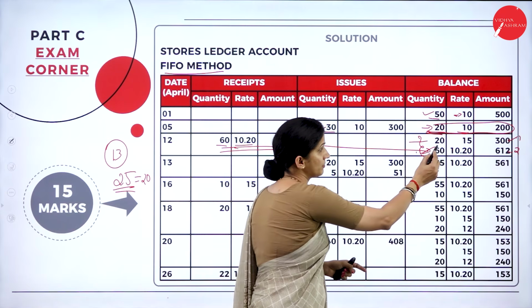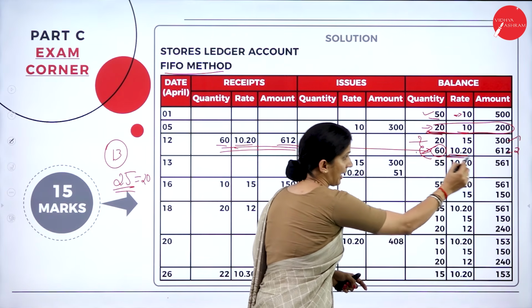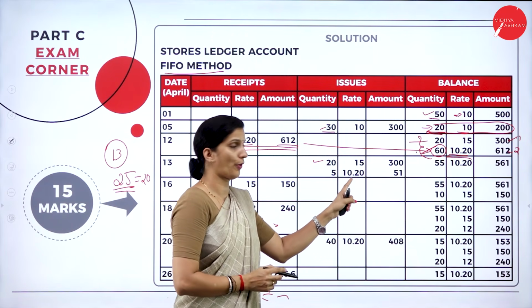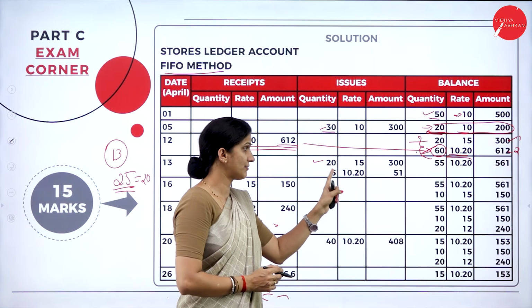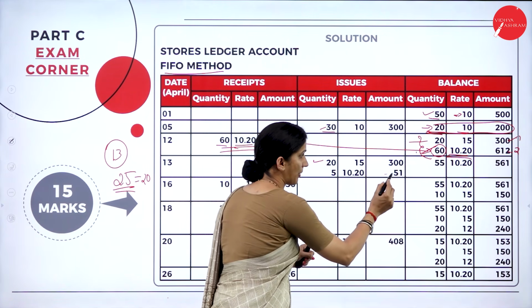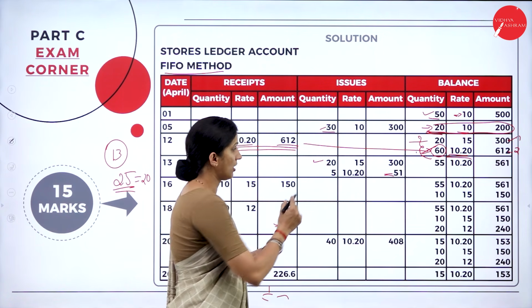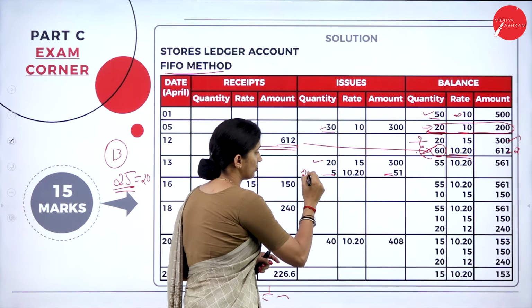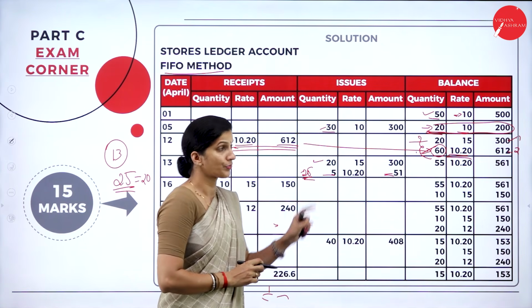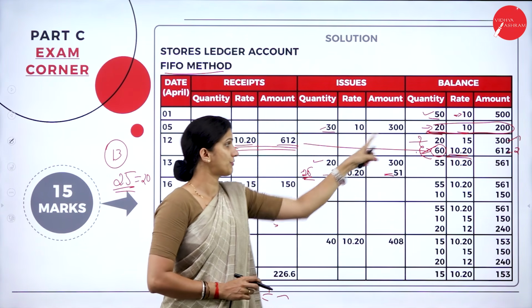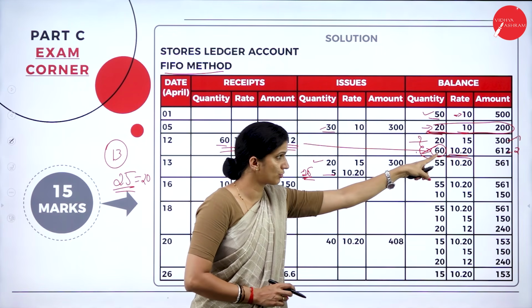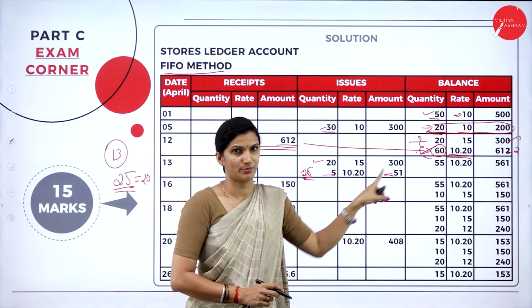If you are using from this lot, the same rate you will take, that is 10.20. So 5 into 10.20, the amount is 51. Now in total you have issued 25 tons: 20 units from the first lot and the remaining 5 units from this 60 units of material.